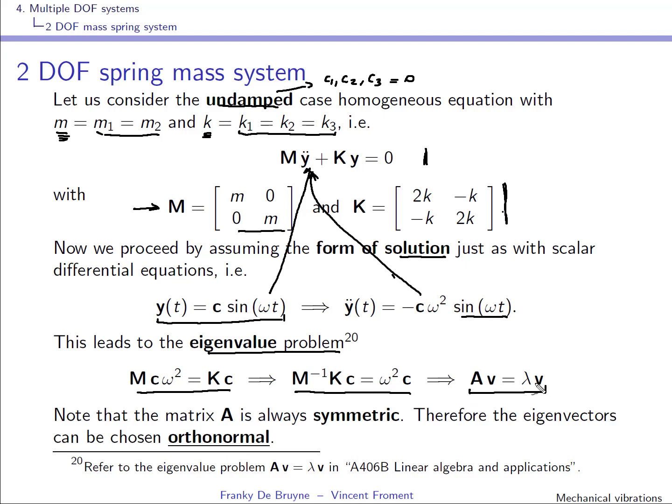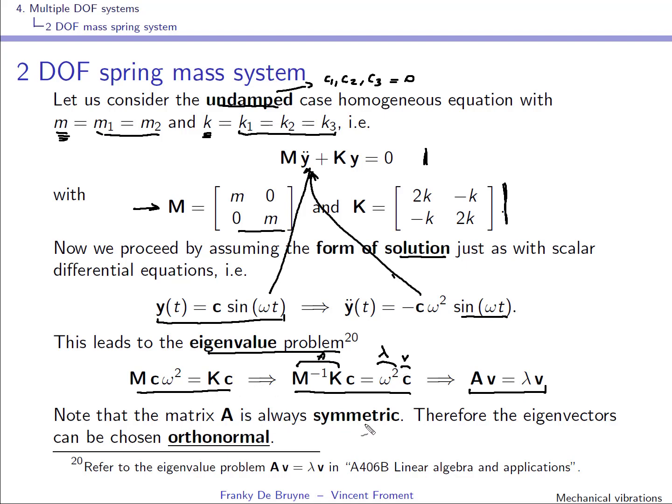and indeed it has the form of A v equals lambda v. This is something that we have seen in our course of linear algebra, and this is why I like this course of mechanical dynamics so much, because it makes so much use of other courses. So this one plays the role of A here, this will play the role of lambda, and this one plays the role of v.